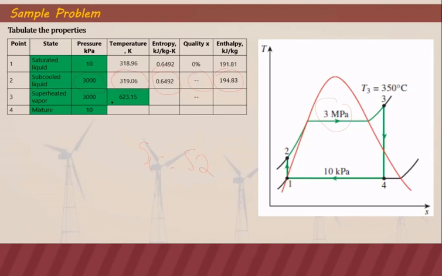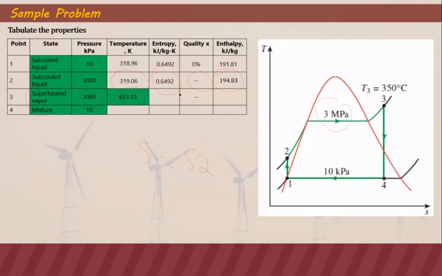Now we will proceed to point 3. At point 3, we are given a superheated vapor. So you can use the steam table. You go to the vapor table, or you can use the temperature and pressure and plug it in the software at 623.15 Kelvin and 3000 kilopascal.